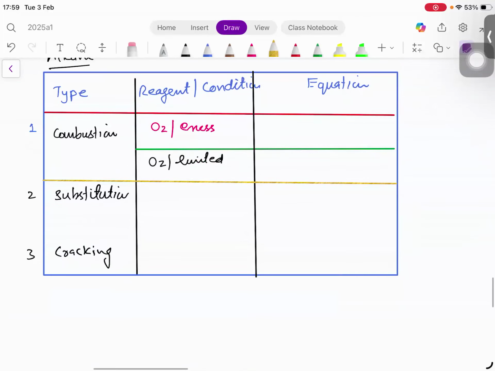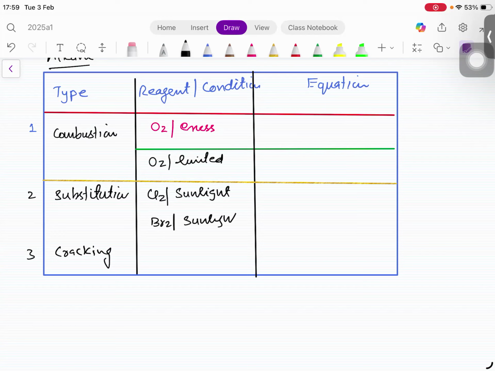Next substitution, what was the reagent? Cl2, and the condition was what? Sunlight. What was the other reagent? Br2 and sunlight. You have to write one reaction for each. Write it with methane, keep all the equations with methane. Just use the methane.